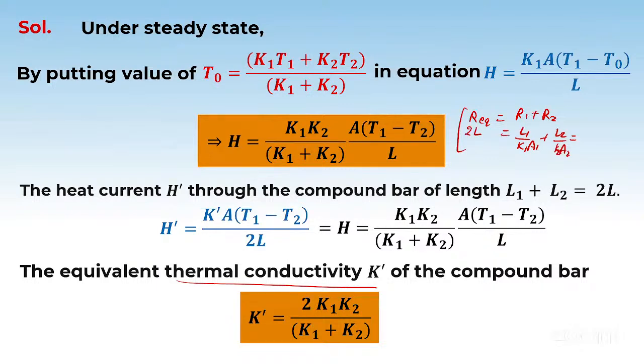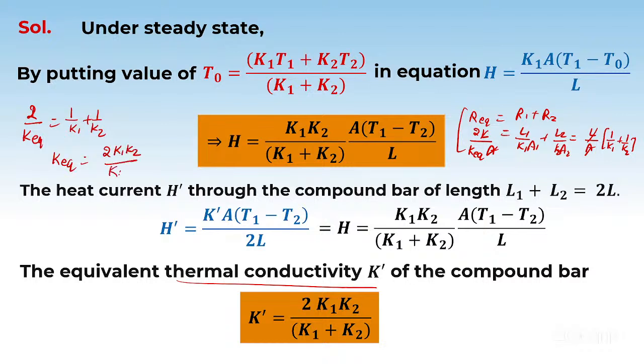Equivalent rod की length, which is 2 times of L1 + L2, 2L upon K equivalent into area तो same है. अब देखो इस left side से आप L और A को common ले सकते हो, so it will be 1 upon K1 + 1 upon K2. अब देखो L upon A और L upon A यहाँ से cancel हो गया, तो यहाँ पे क्या बचा? 2 times of K equivalent is equal to 1 upon K1 + 1 upon K2. When you take the LCM, K equivalent will be coming out as 2K1 K2 upon (K1 + K2). This is it. ठीक है.